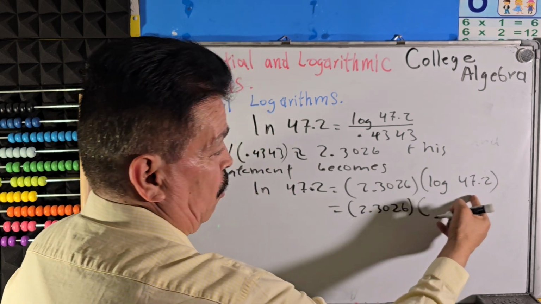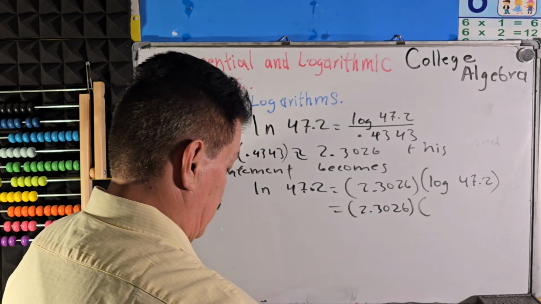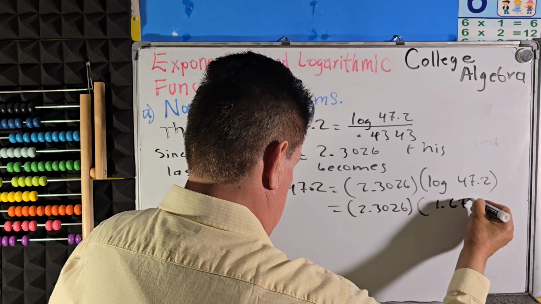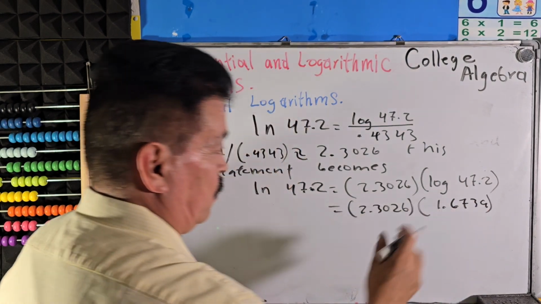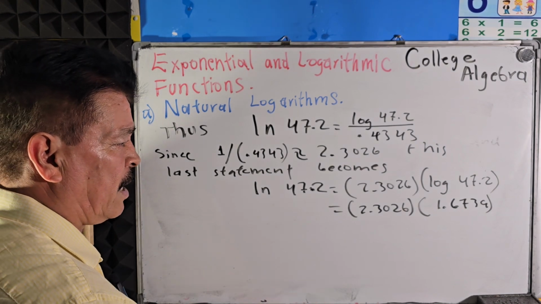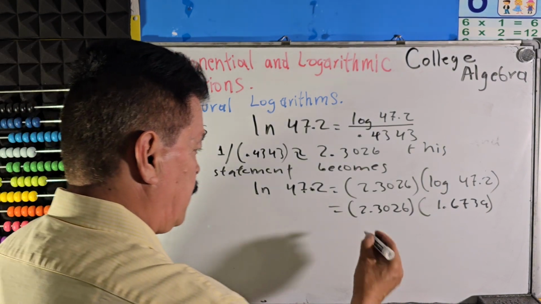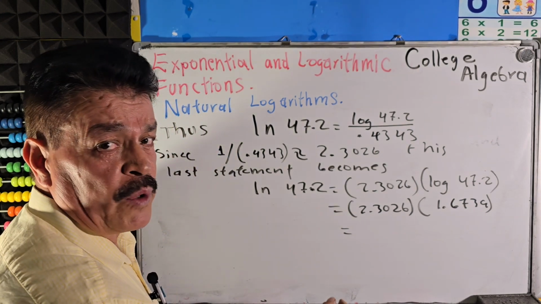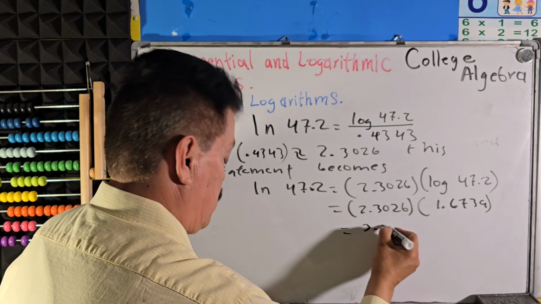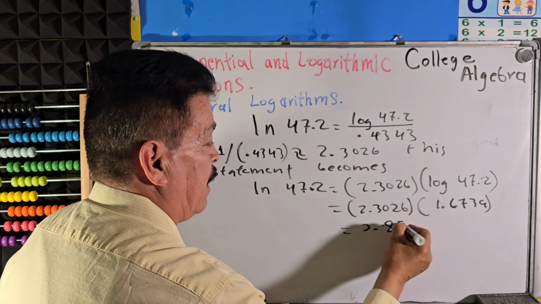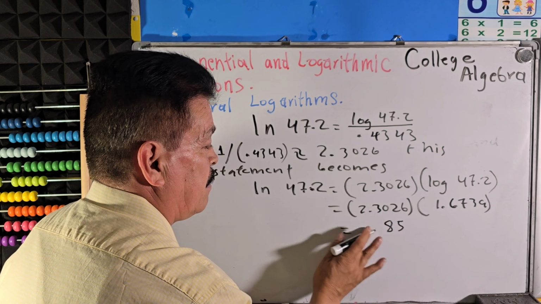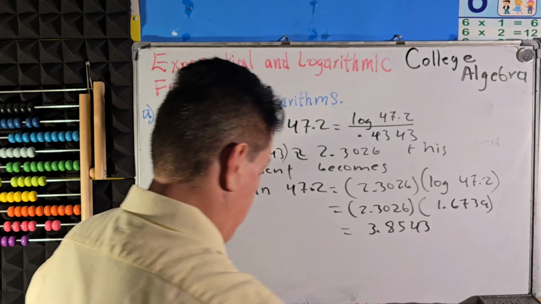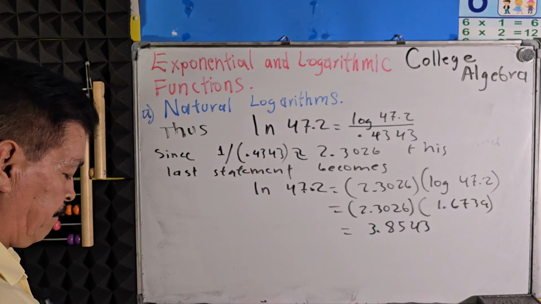We will have a log of this number equal to 1.6739. So using your calculator, multiply, and you will have 3.8543. See?